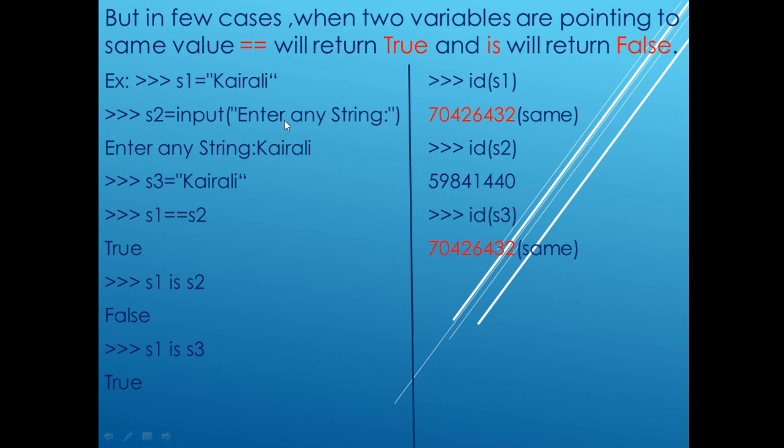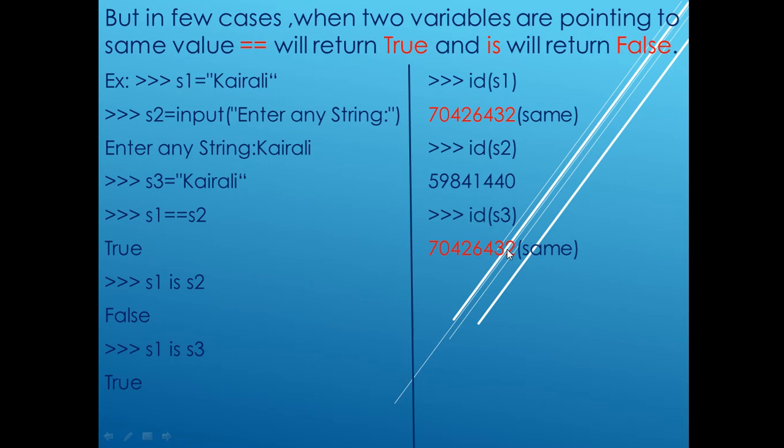Therefore, when you take the value with the help of the input function, even if the string is the same, the memory address will be different, as in this statement, id of S2 is 59841440, which is totally different from S1 as well as S3.